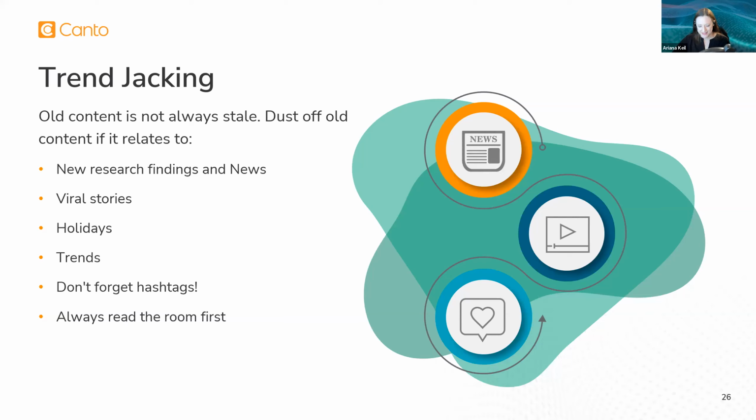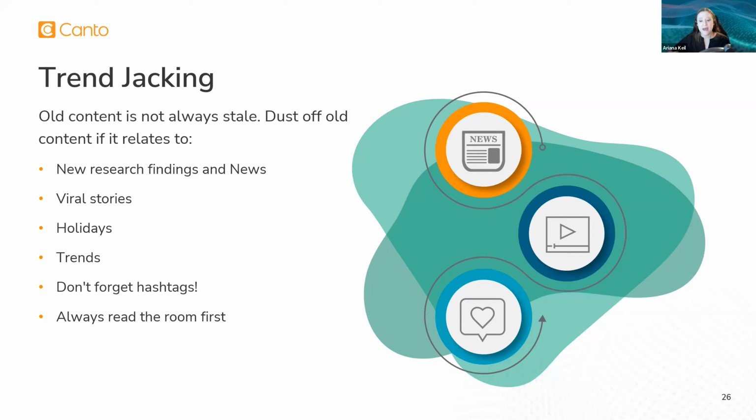Of course, related to that is viral stories, holidays, trends. Most social media apps have a way you can see what's trending. The only thing I would caution on this is you don't want to get something that's a flash in the pan. You want something that trends over a reasonable period of time. It usually tends to be a topic that's a little bit broader.